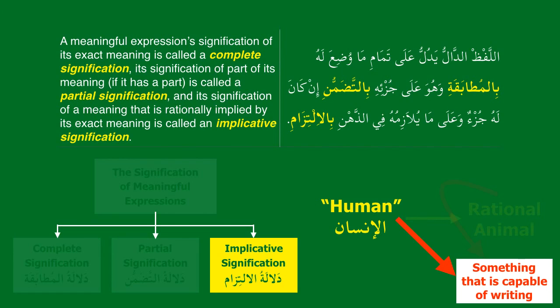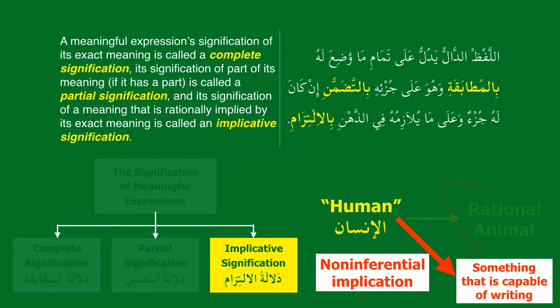Now logicians go into great detail on the nature of this implication, but one important point that we take from these discussions is that this implication must be a non-inferential implication. The meaning of rational animal entails the meaning of something that is capable of writing without requiring any inference. If it requires inference, some intermediary premise, then we don't say that the expression signifies the implied meaning, but we merely say that this implied meaning can be inferred from the original meaning.